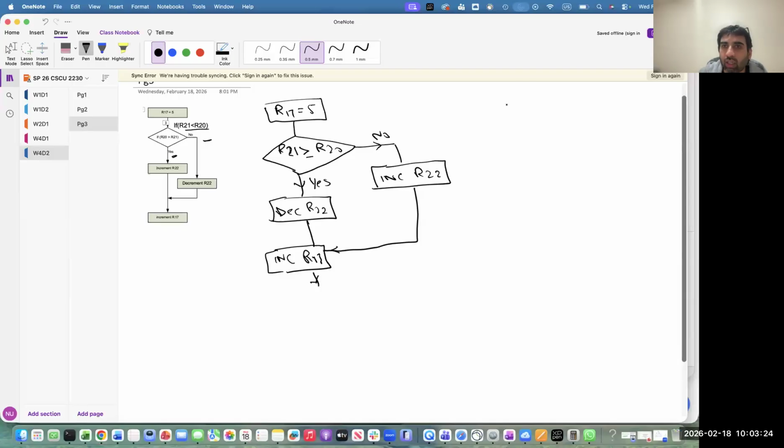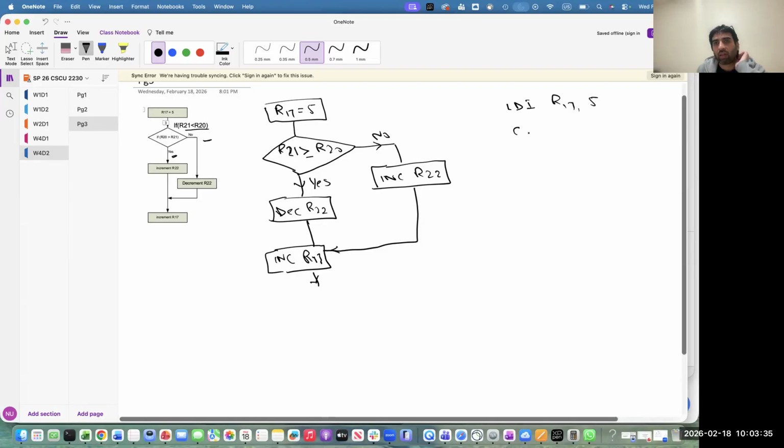So how can I now write the code? Load immediate R17, 5, then compare R21 with R20, and branch if same or higher, right?